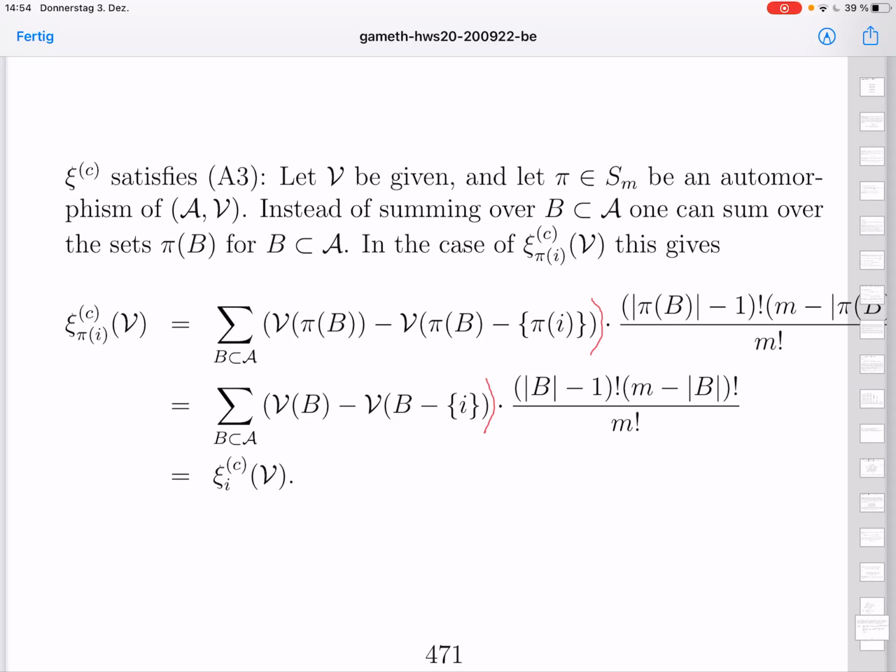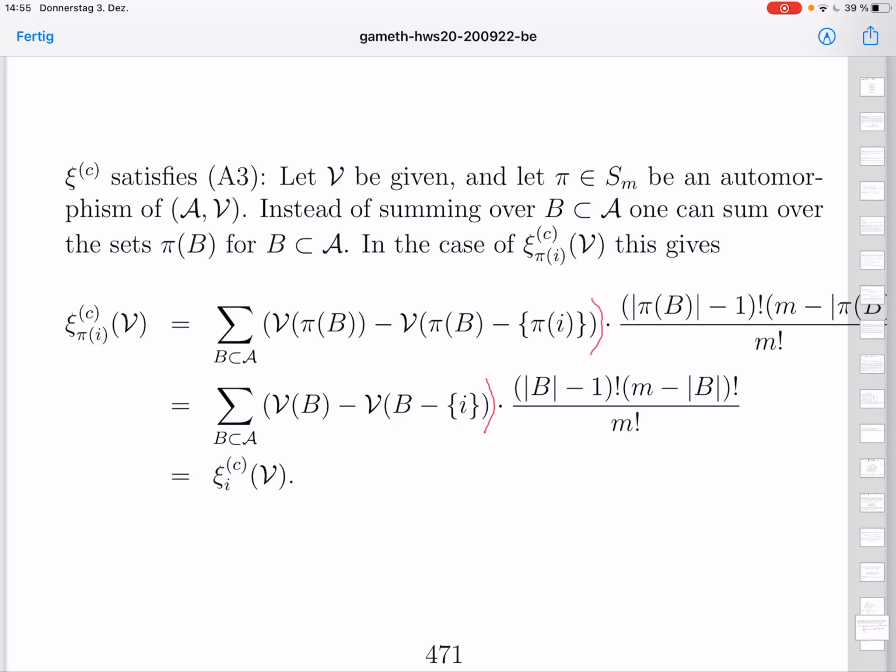So let us be given a collision valuation V and let pi, permutation pi, be an automorphism of the collision valuation and the cooperative gain. So now we go into the formula in part C. Instead of summing over all possible sets, one can also instead of summing over the sets B subset A, one can also sum over the sets pi of B, where B is subset A, because pi is a bijection.